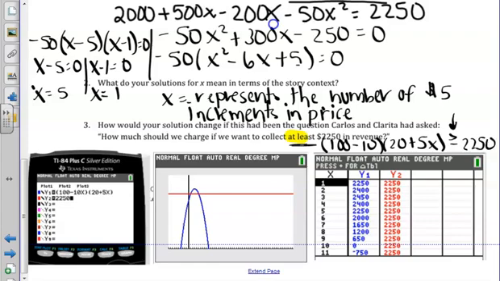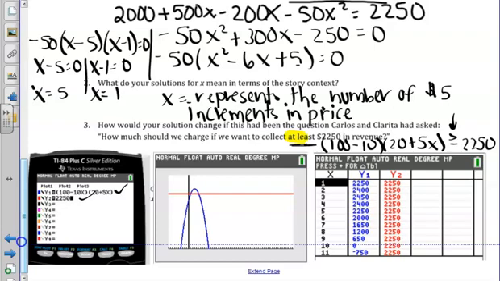So this inequality sign means that we want to make $2,250 or more. The mouth of the inequality sign is open towards the larger number. So there are several ways that we can figure this out. If we'd like to, we can go to our graphing calculator and type in the left side of the inequality and then the right side.